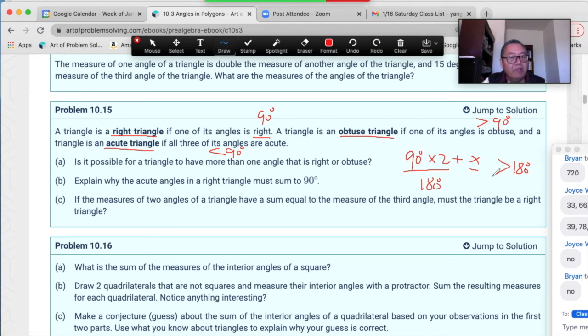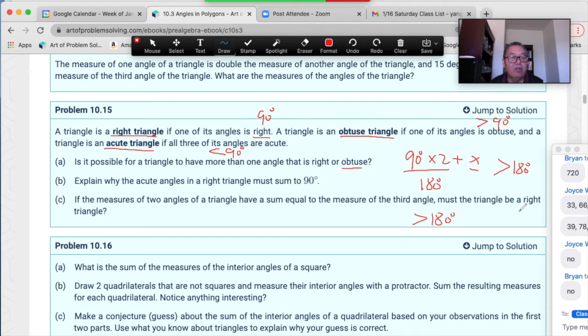If this happened, the sum of the interior angles of the triangle would be greater than 180 degrees. Same for obtuse angles. If you have two obtuse angles, when you add these two angles, it's already greater than 180 degrees. This goes against the theorem.